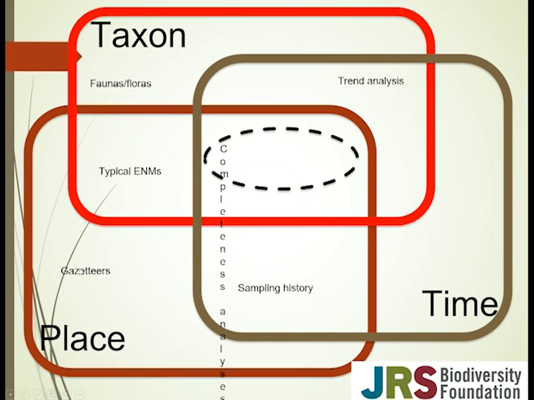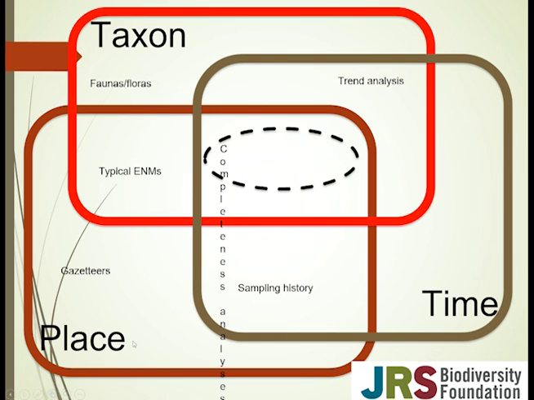Gazetteers are places with coordinates. So if you have only places, you can have a gazetteer. Taxon plus places, you can achieve ecological niche modeling. And if you have only taxon available, you can describe the fauna and flora of your area of interest.